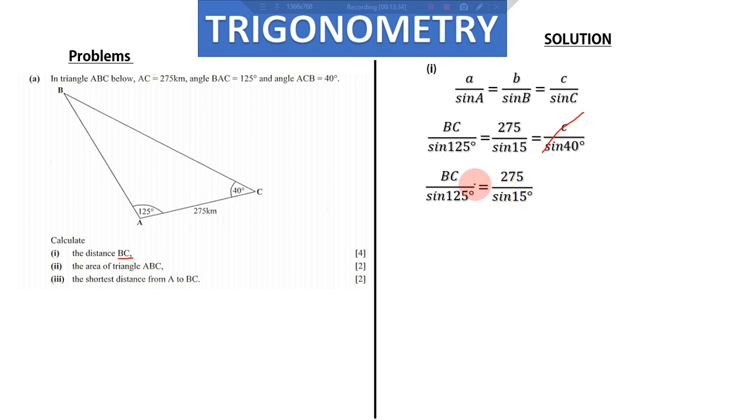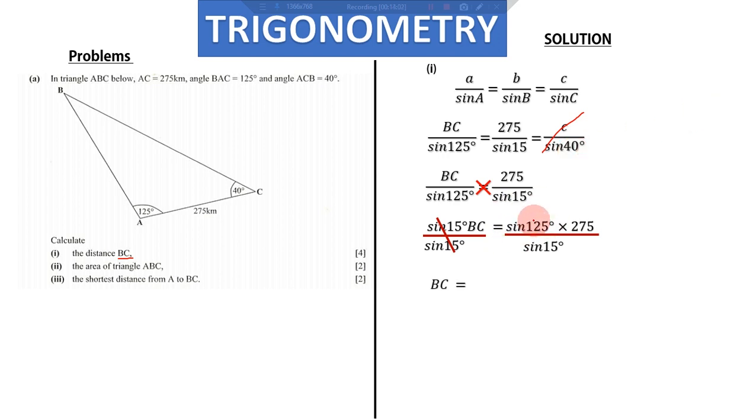So from here, we are going to cross multiply because we want to continue solving. BC will be multiplied by sine 15 degrees, which will be sine 15 degrees times BC. Then sine 125 will be multiplied by 275. So let's divide by sine 15 on both sides. So we have BC. Now we need to expand this.